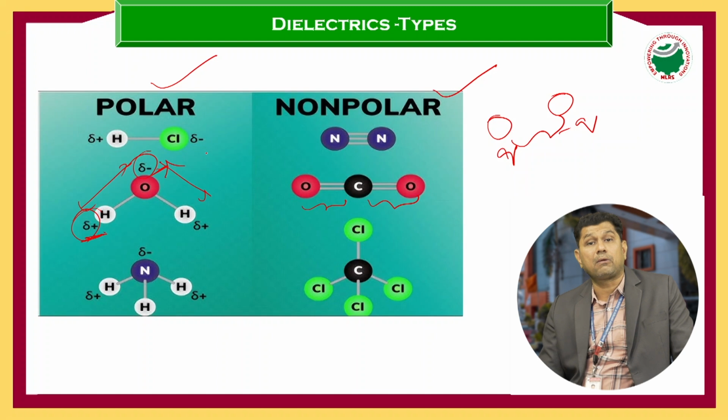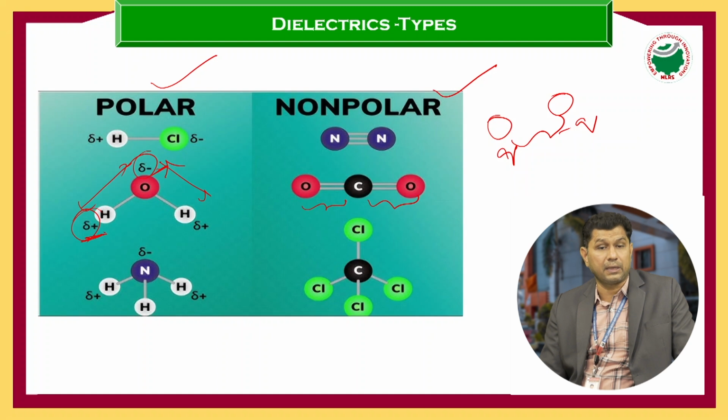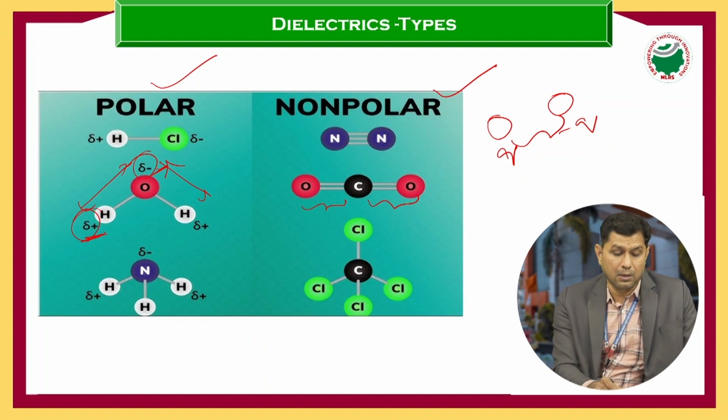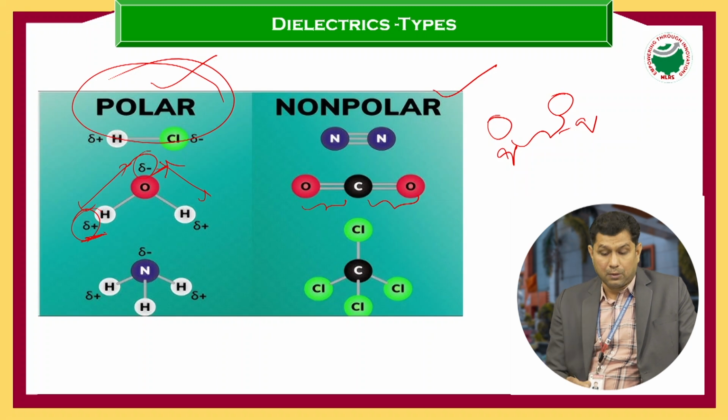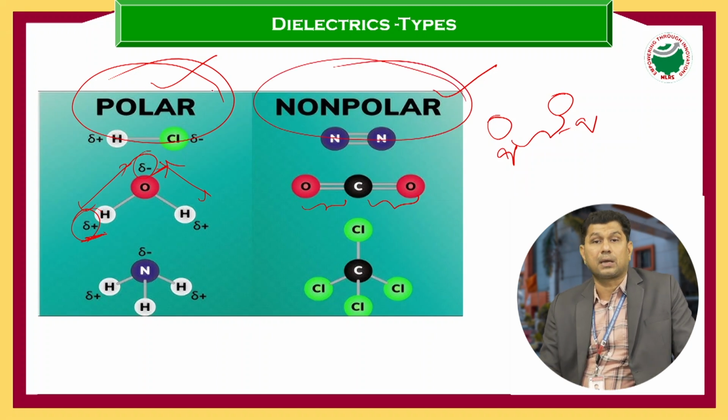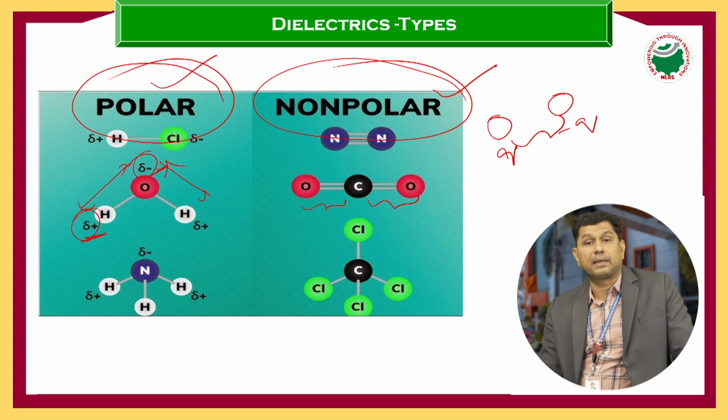Certain materials possess dipoles even in the absence of the electric field. They are called polar dielectrics. Certain materials have centers of positive charge coinciding with centers of negative charge. That's why there is no concept of dipole. Such types of materials are called non-polar dielectrics.